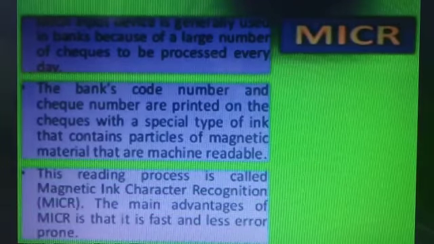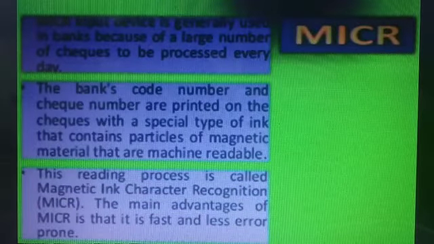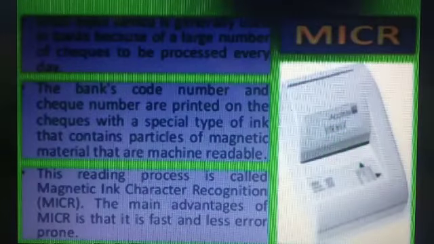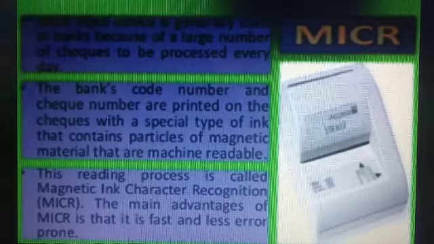This reading process is called magnetic ink character recognition, that means MICR. The main advantage of MICR is that it is fast and less error prone. You can see the picture of MICR.